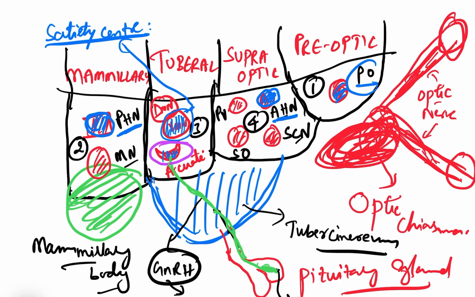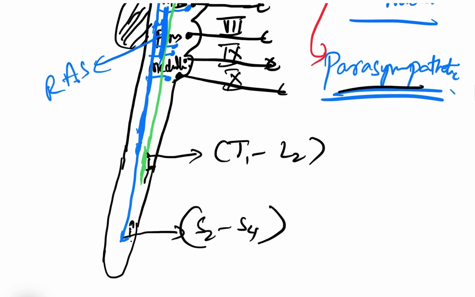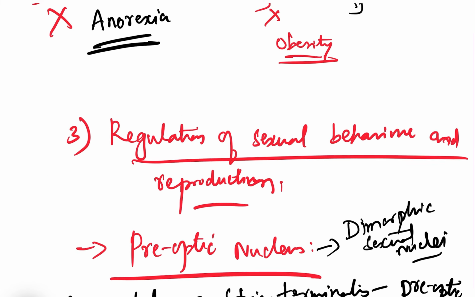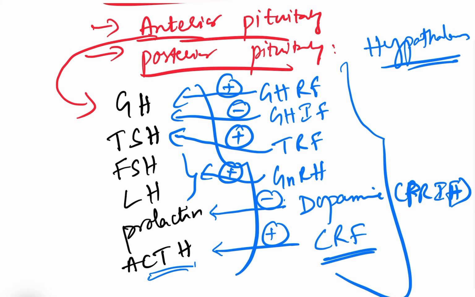Here there will be portal circulation, known as hypophyseal portal vessels through the tuberoinfundibular tract. So releasing and inhibiting hormones reach the anterior pituitary by a neurovascular link through the tuberoinfundibular tract and hypophyseal portal vessels. Through this it will release so many releasing and inhibiting hormones, and control the anterior pituitary gland functions.